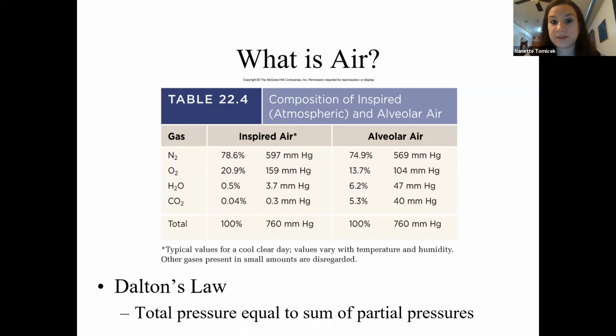So first, let's ask the question: what is air? Air is a mixture of multiple gases, and the sum of all of those partial pressures of gases gives us a total pressure. So air in the atmosphere is not just oxygen and carbon dioxide. There's other things there.